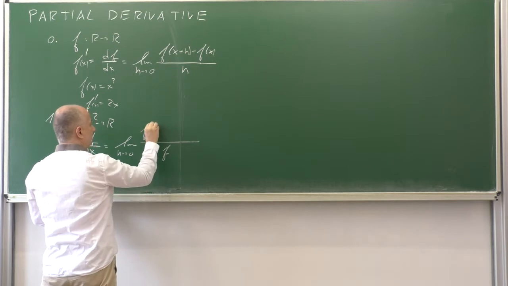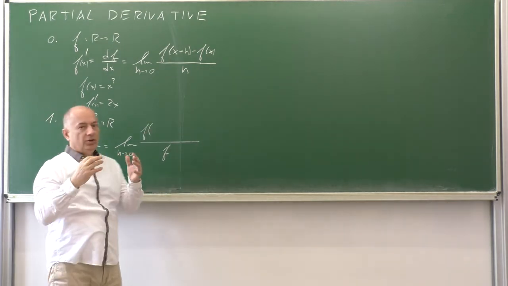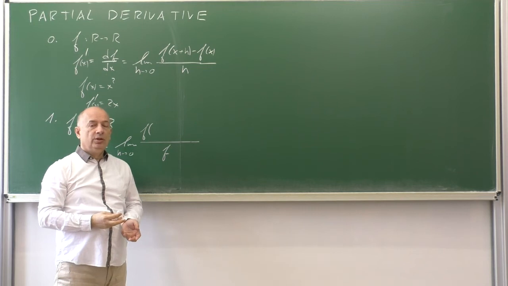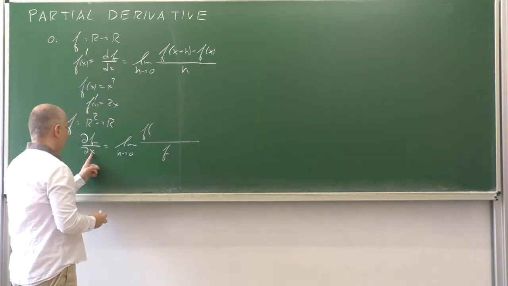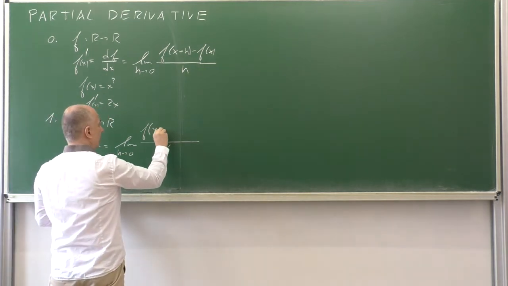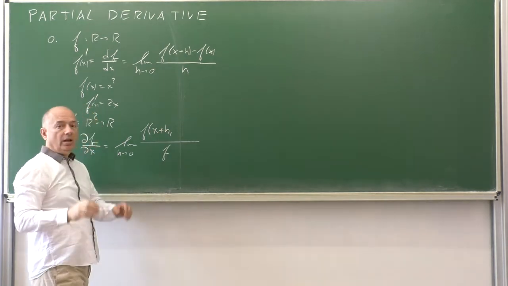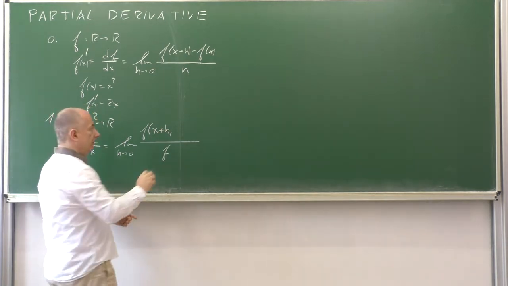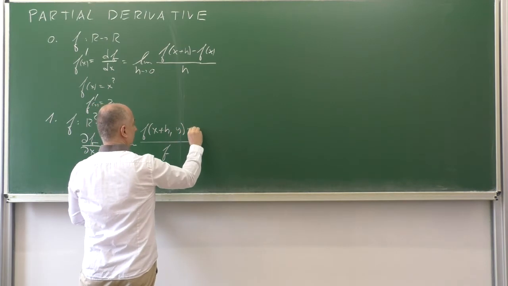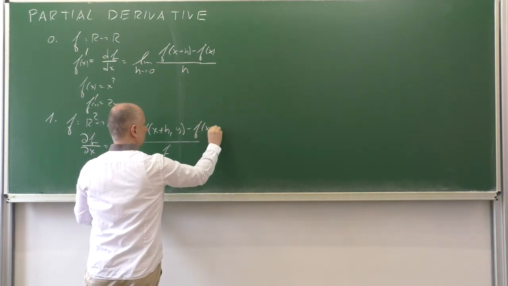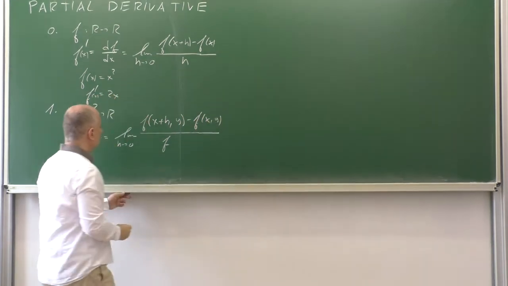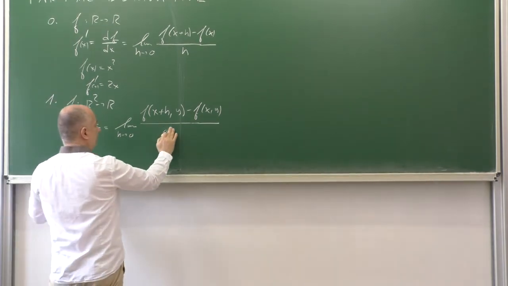But this time, if we change the arguments, we change x only to x plus h, and y is a constant for the moment. Divided by h.